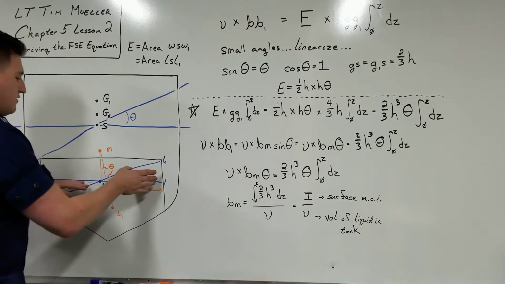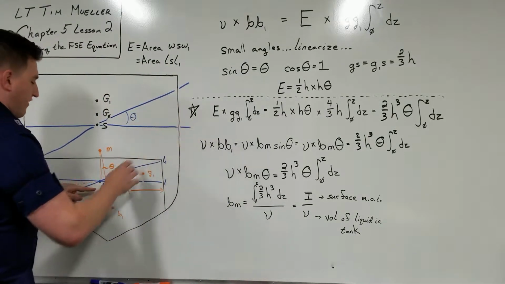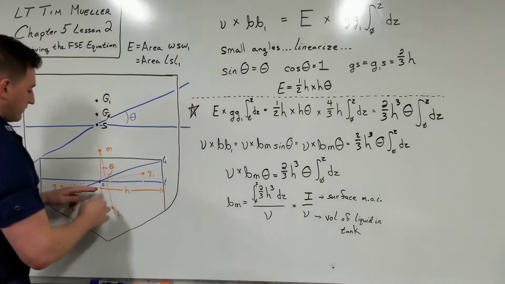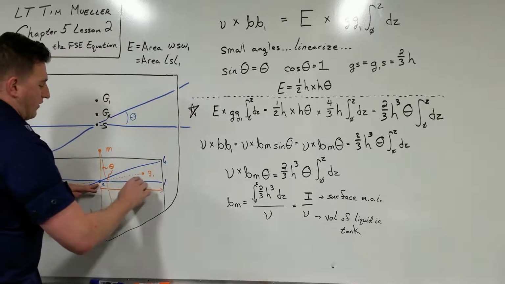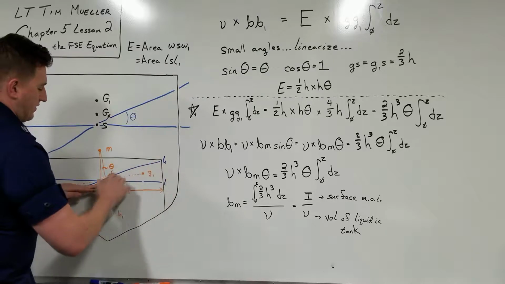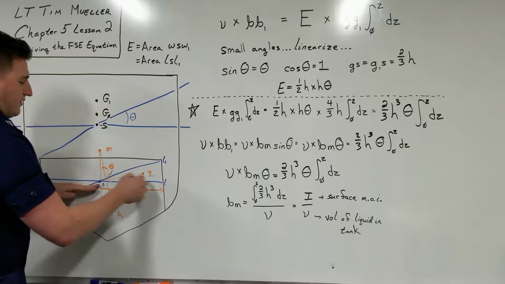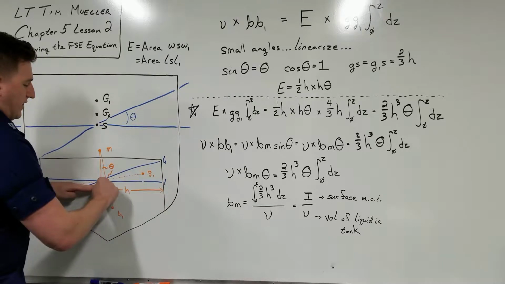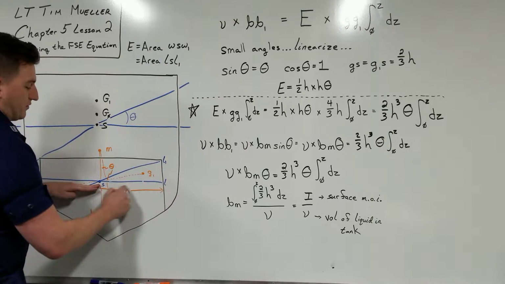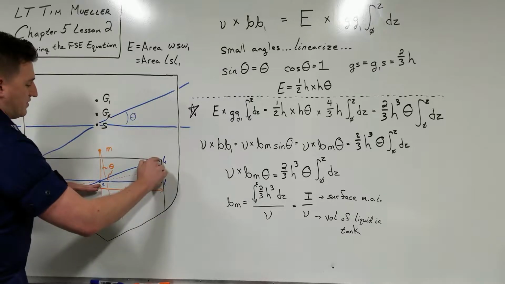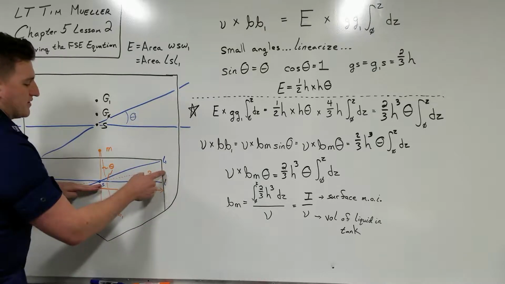If we assume that everything's correct with linearization, then our hypotenuse and H are the same. So this side is H, by assumption, times the sine of theta.